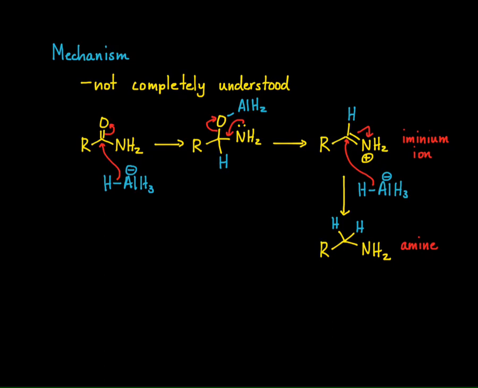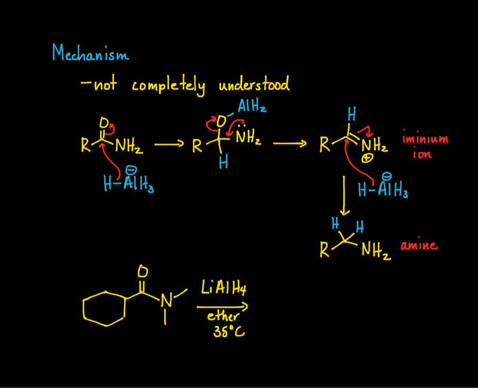And so this, in a nutshell, is what you need to know about the mechanism of the reduction of amides. Amides produce amines in the reduction process. So if we look at an example of this, here we have N,N-dimethyl cyclohexyl carboxamide, reacting with lithium aluminum hydride in ether at 35 degrees Celsius.